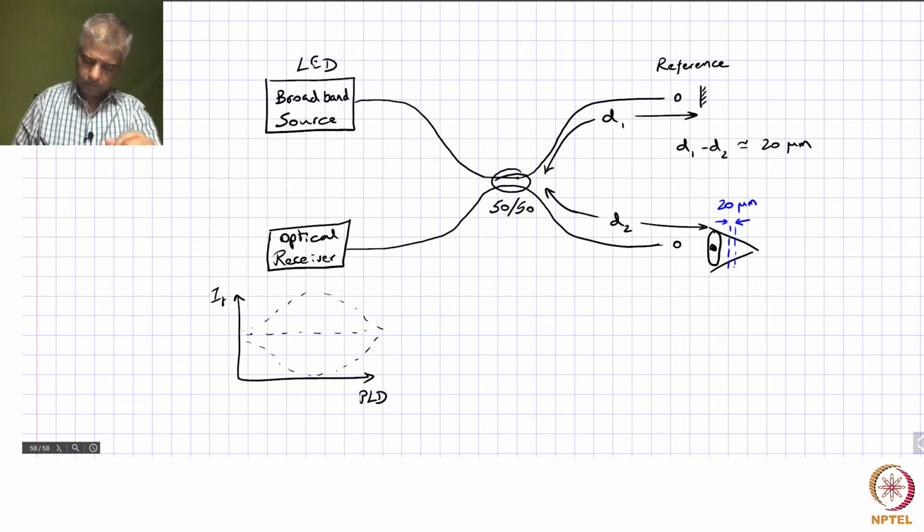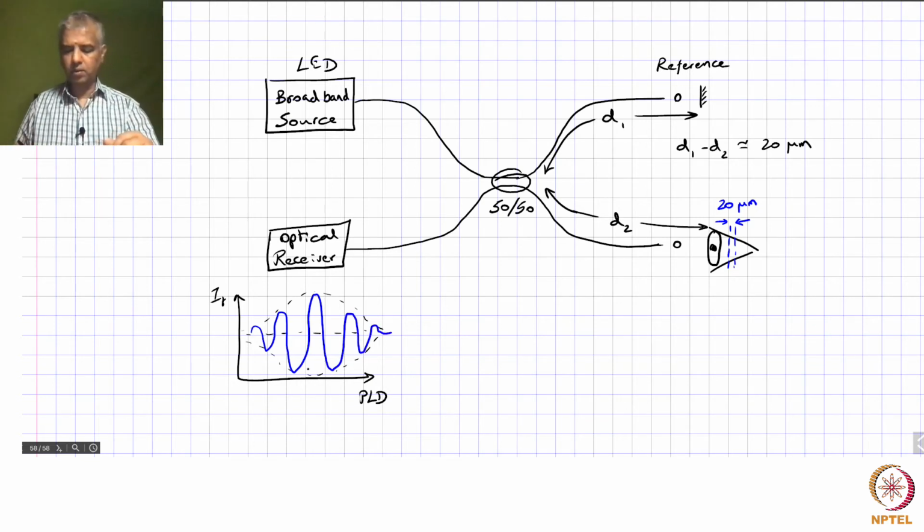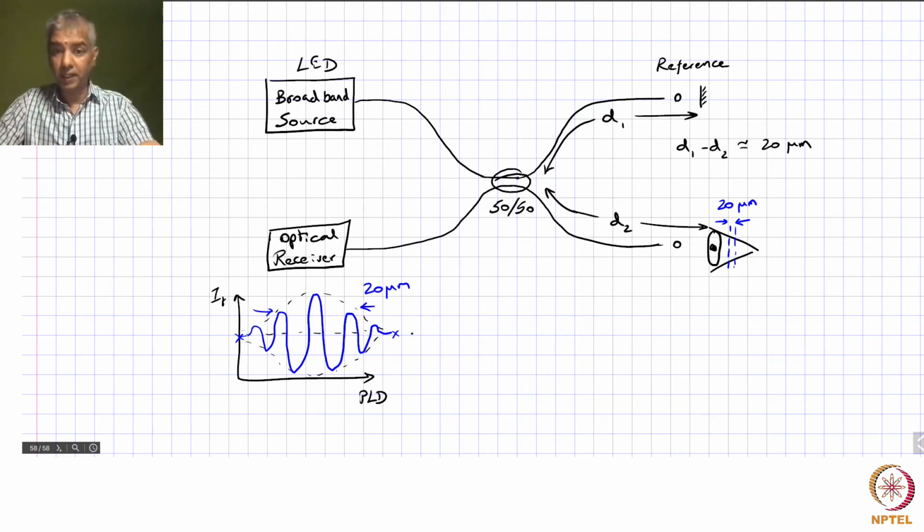And over path length differences in the order of 20 microns, you're going to have these interference fringes. And if it's larger than 20 microns or less than 20 microns, you're essentially not going to have any; that corresponds to these points over here, and you're not going to have any interference fringe.